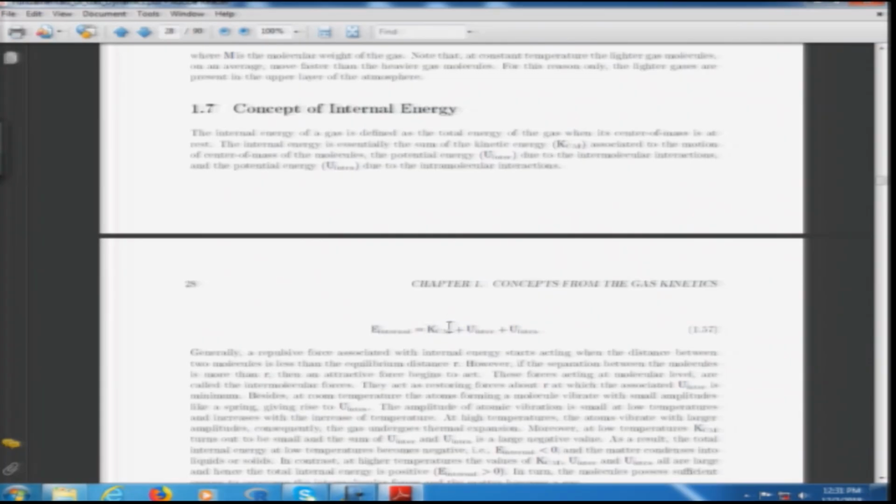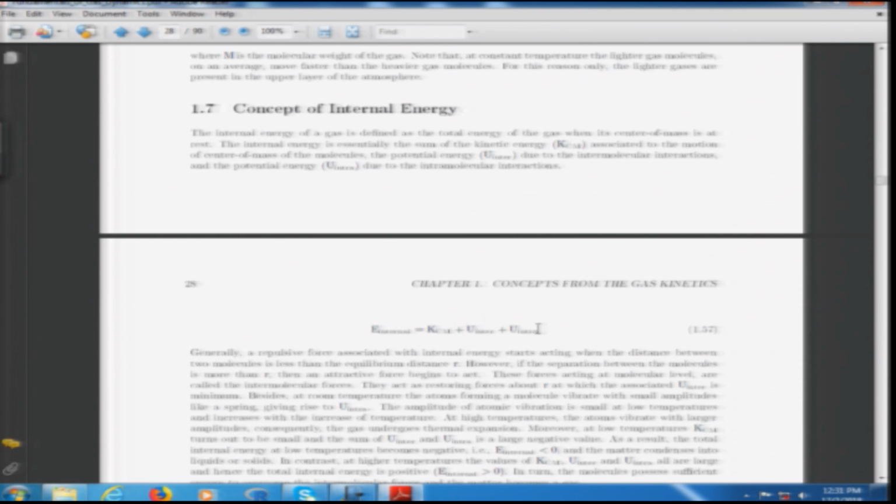That means the internal energy can be written in terms of the center of mass of the molecule. That is, if the center of mass is at rest, what is the kinetic energy at which the molecules are moving? And there are two more components you can see, U inter and U intra. That is, when the molecules are interacting with each other, what is the potential energy?